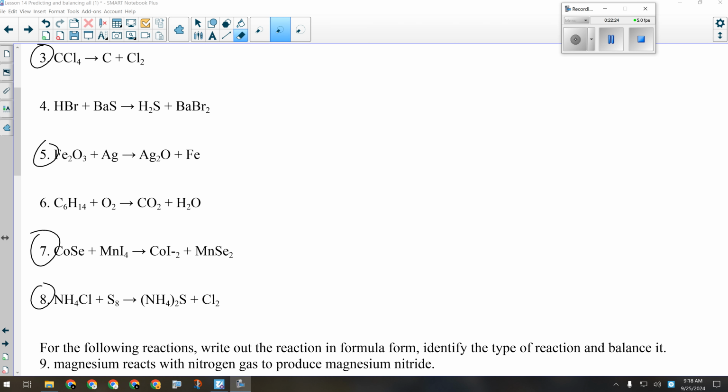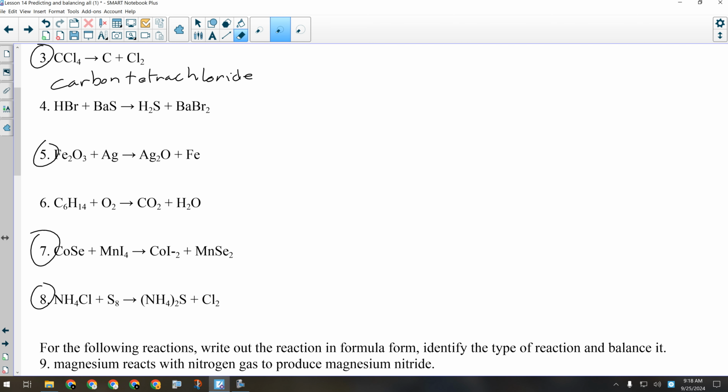So why did I want us to do number 3? What do we not do a lot of? Molecular compounds. When I throw them in there, sometimes people forget, just because we don't do a lot of them. So carbon and chlorine, both non-metals, so this is going to be carbon tetrachloride, and that is going to decompose into carbon plus chlorine.